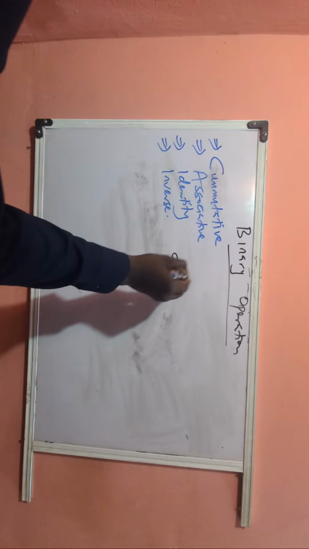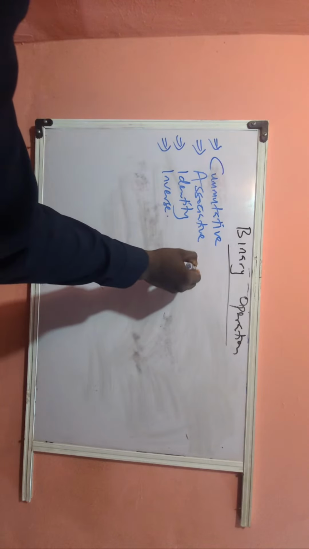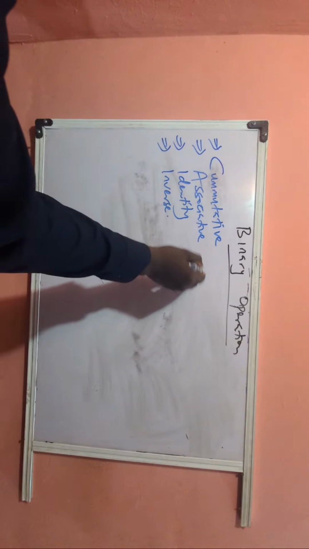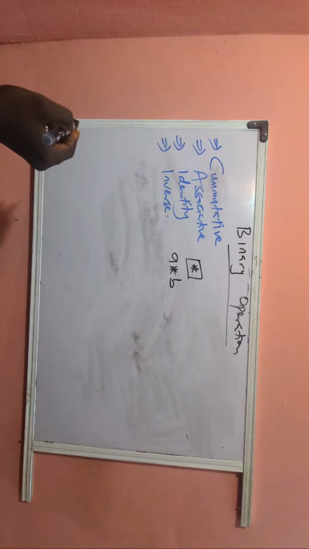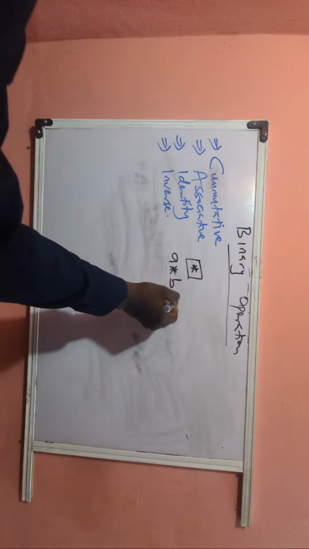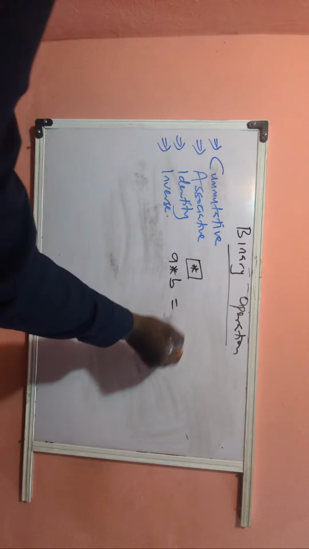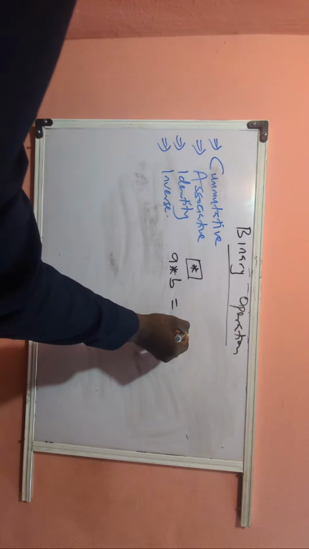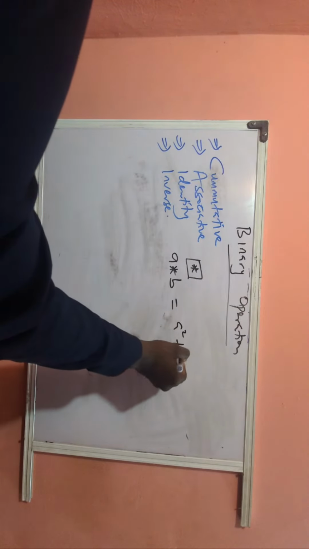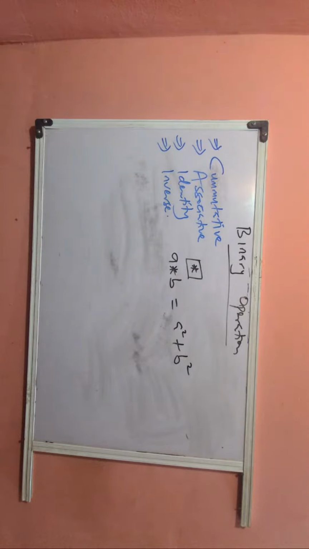If you have a binary operation defined on star, that's the way it always comes. The binary operation is defined on star, and you have a star b given as, let me say for instance, a square plus b square. Let's use this for instance.